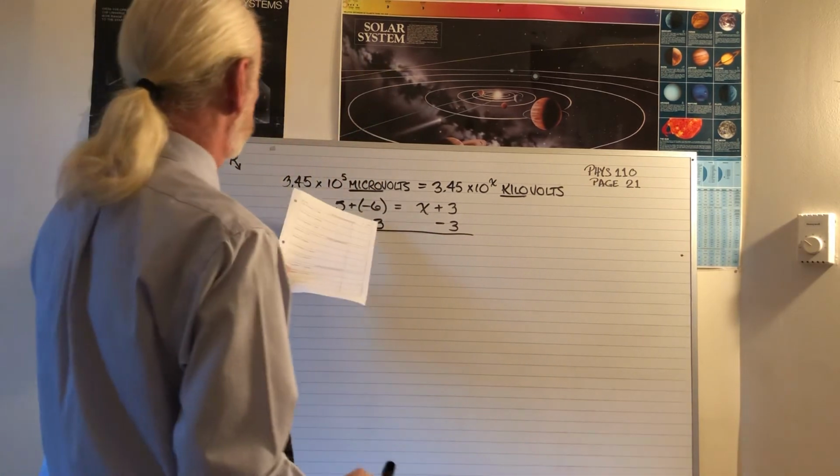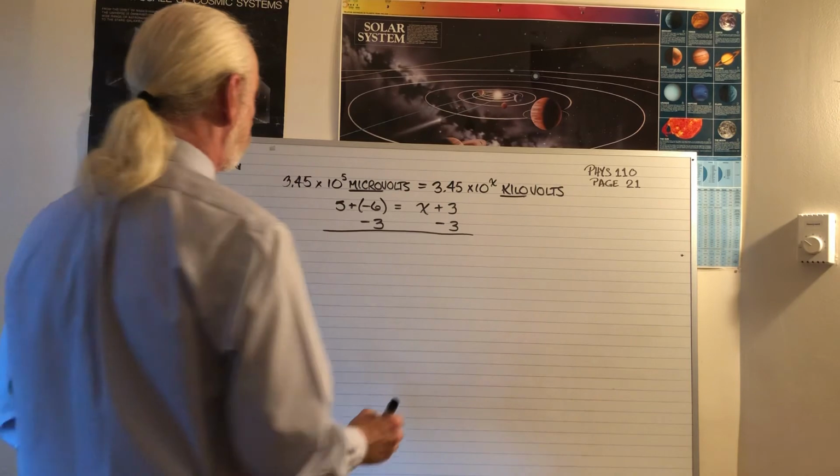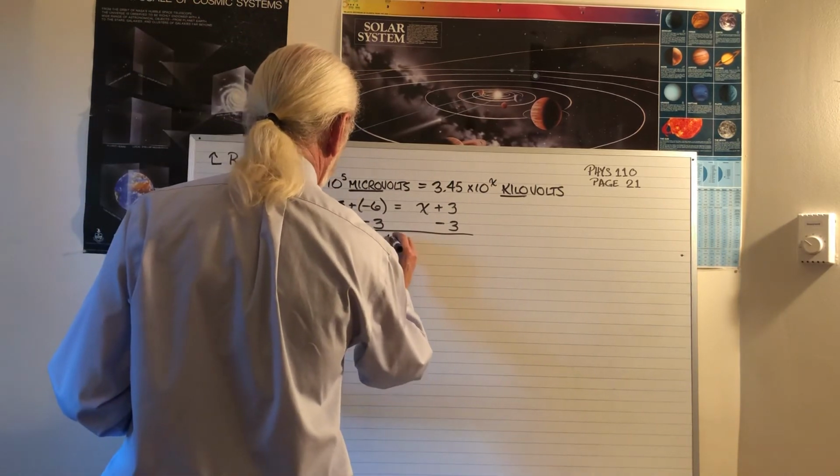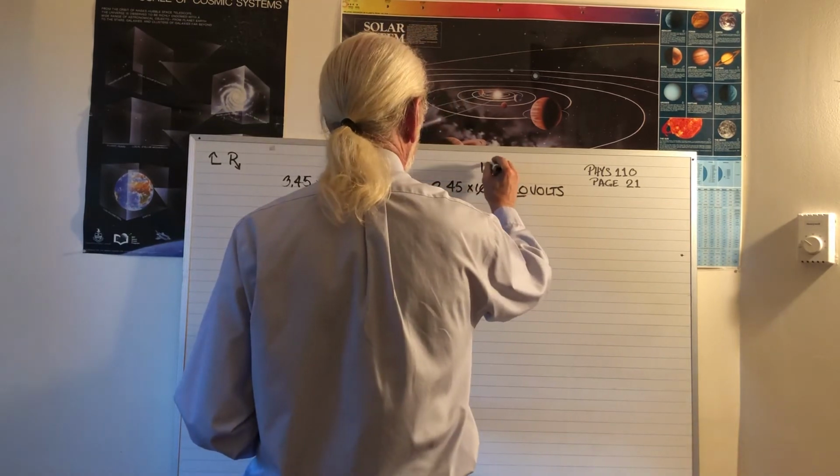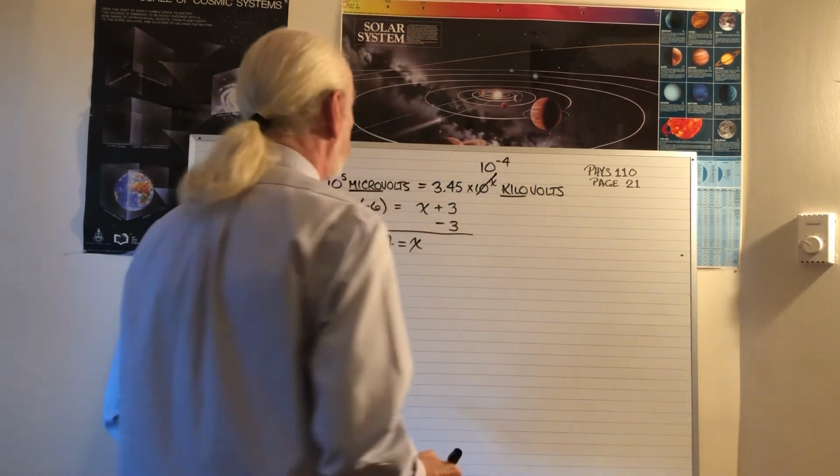Okay, so 5 minus 6 is negative 1, minus 3 is negative 4. Here we go.